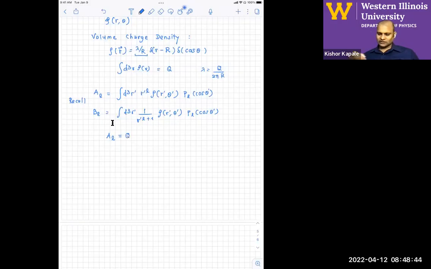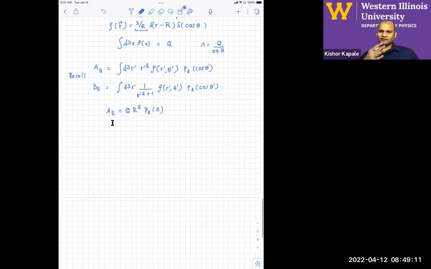So Q, of course, because there is a constant in front, R to the power L because of the r' to the power L. It's delta of r minus R, so no delta integral, it would just come outside the integral sign. And then you would have P_L of 0, right? Cosine theta is 0. That's the only restriction that you have.